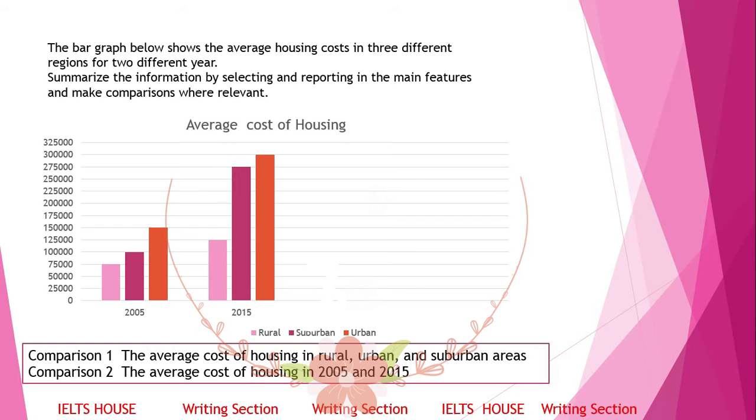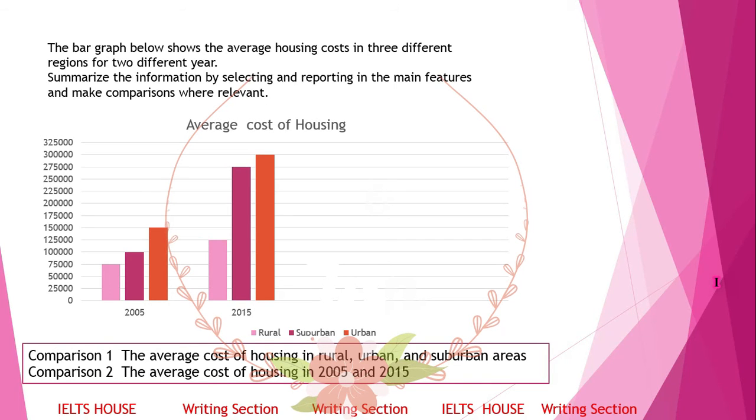For example, we have got a bar graph by the name of average cost of housing in three areas: rural, suburban, and urban areas.